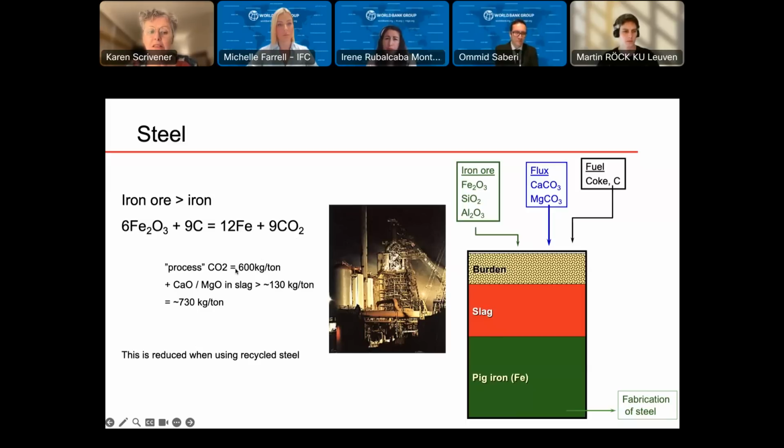And this accounts for about 600 kilograms per ton of iron produced. And then in addition, because we have this thing called flux, which also uses limestone and magnesium carbonate, this produces even more process CO2. So altogether, we have about 730 kilograms of CO2 per ton from this process emission.